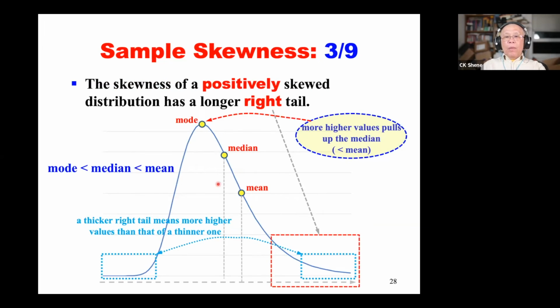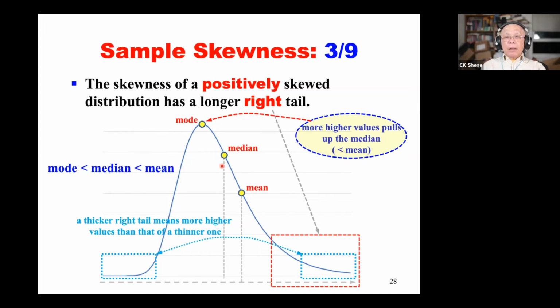In this distribution, it's positively skewed, and its peak is more on the left side. So in this case, mode is the value that occurred most. Median here, mean is here. So a positively skewed distribution usually has mode less than median, less than mean.